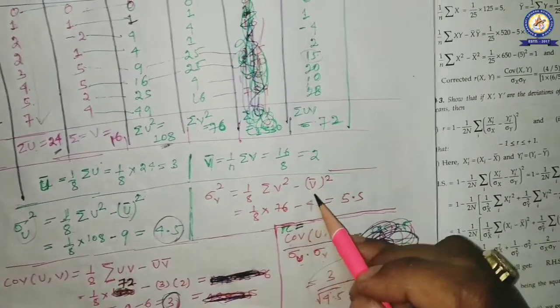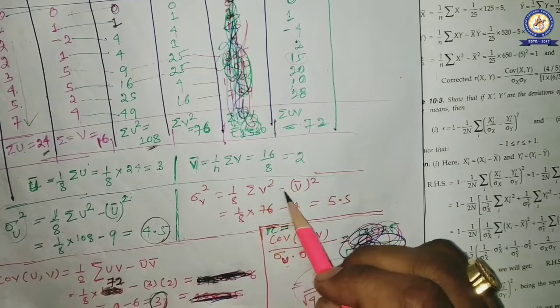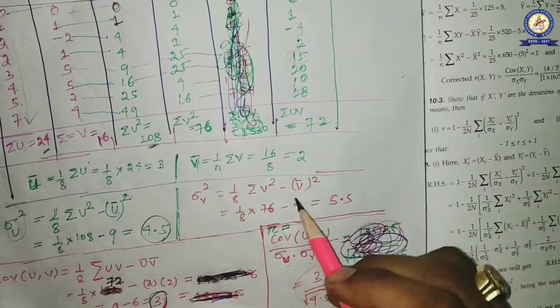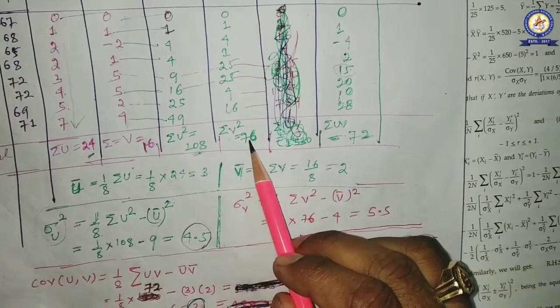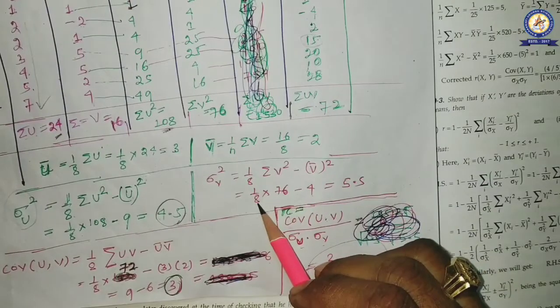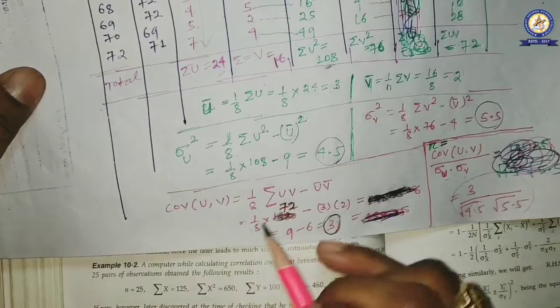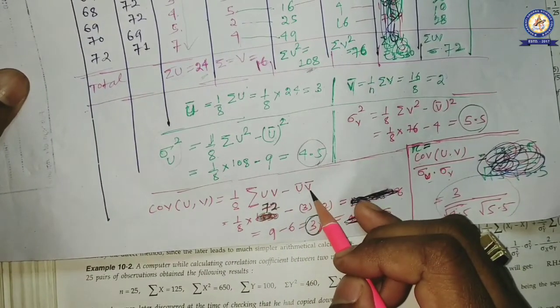Sigma v square is sum of v square by 8 minus v mean square. Here v mean is 2, square is 4, and sum of v square is 76 by 8, which is 9.5 minus 4, giving 5.5.